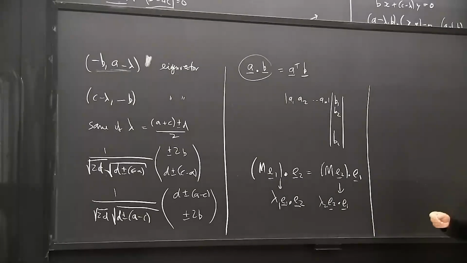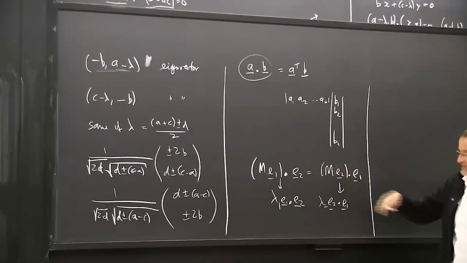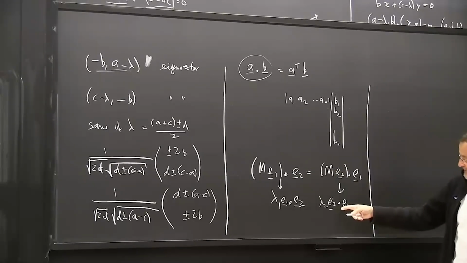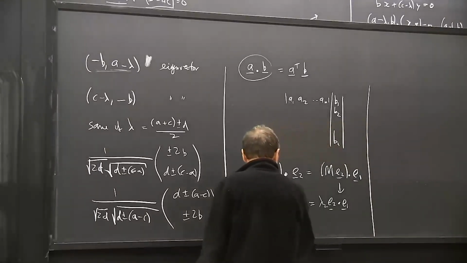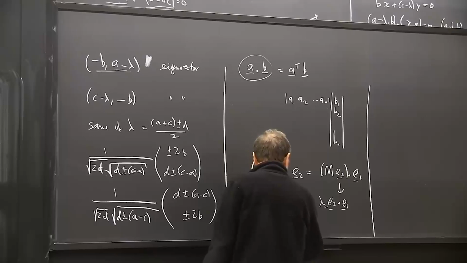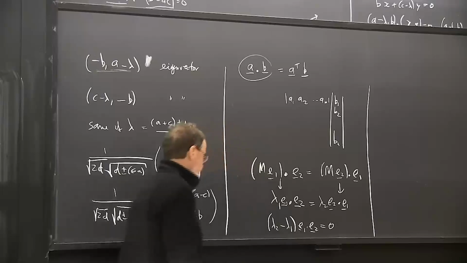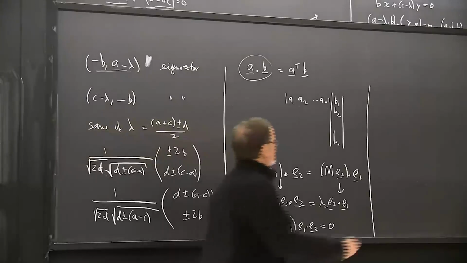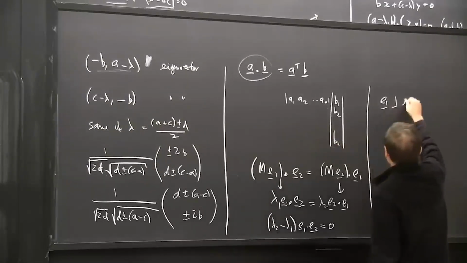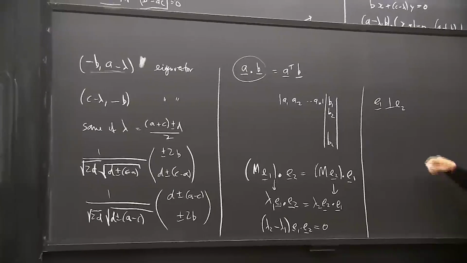Okay. So the part that takes a few steps is proving that these are actually equal, but it's in the paper. Okay. Now, what does this say? Well, I can gather this up. And that tells me that E1 dot E2 is 0, so that means they're perpendicular.